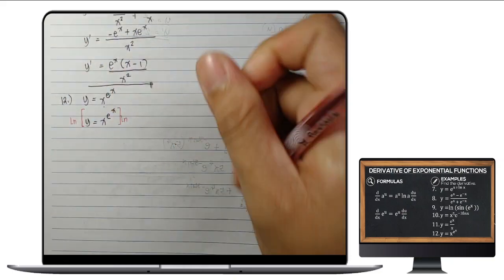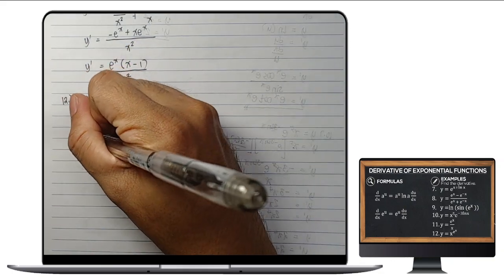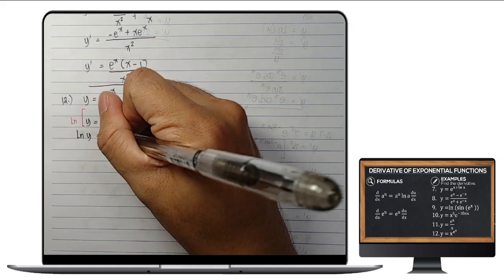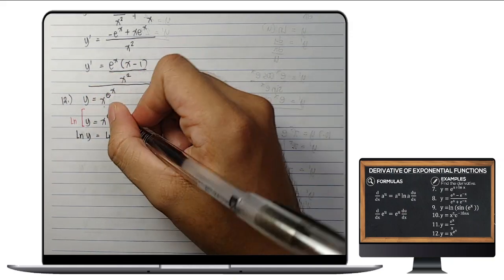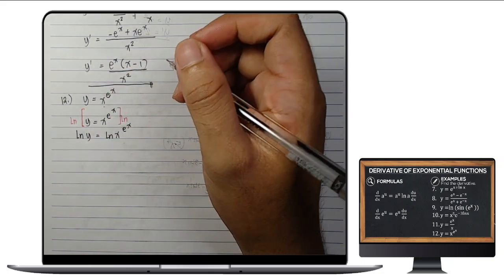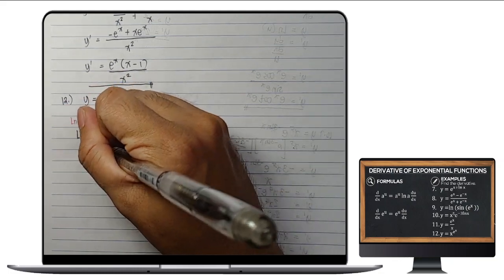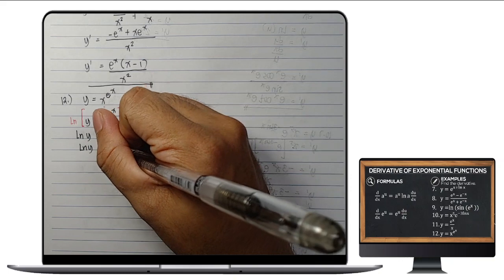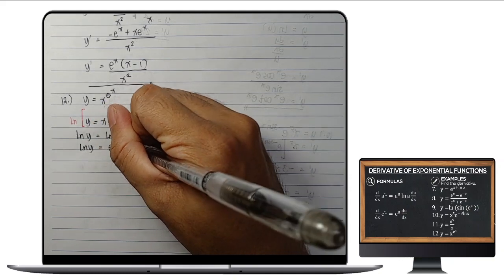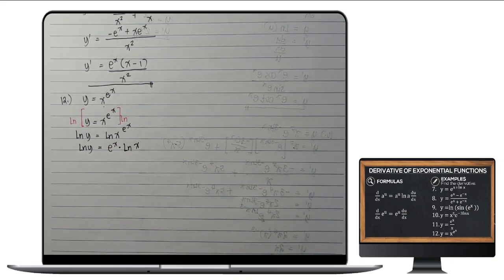So taking ln of both sides, we will have ln of y is equal to ln of x raised to e raised to x. So we can simplify this: we can bring down e raised to x, multiplied by ln of x, applying the property of logarithms.